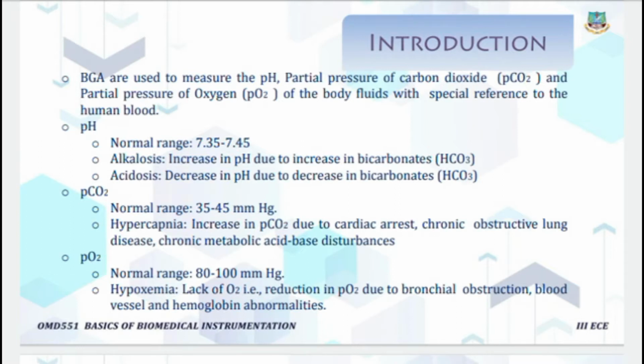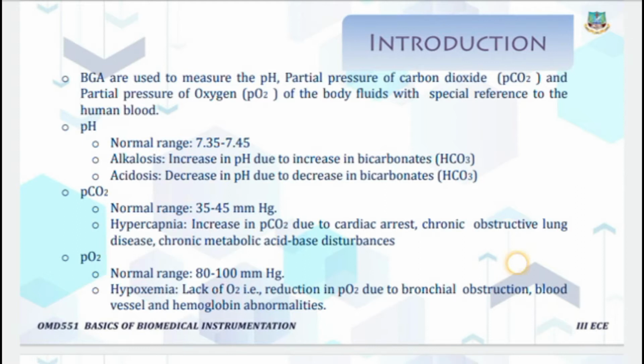So we are going to identify the pH, PCO2, that is partial pressure of carbon dioxide, and PO2, that is partial pressure of oxygen, in the body fluid with reference to human blood.